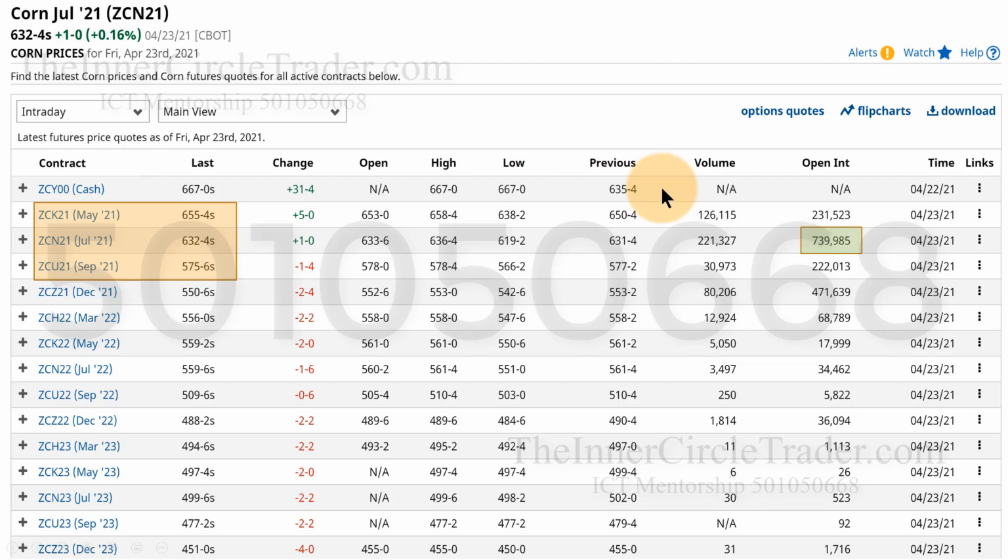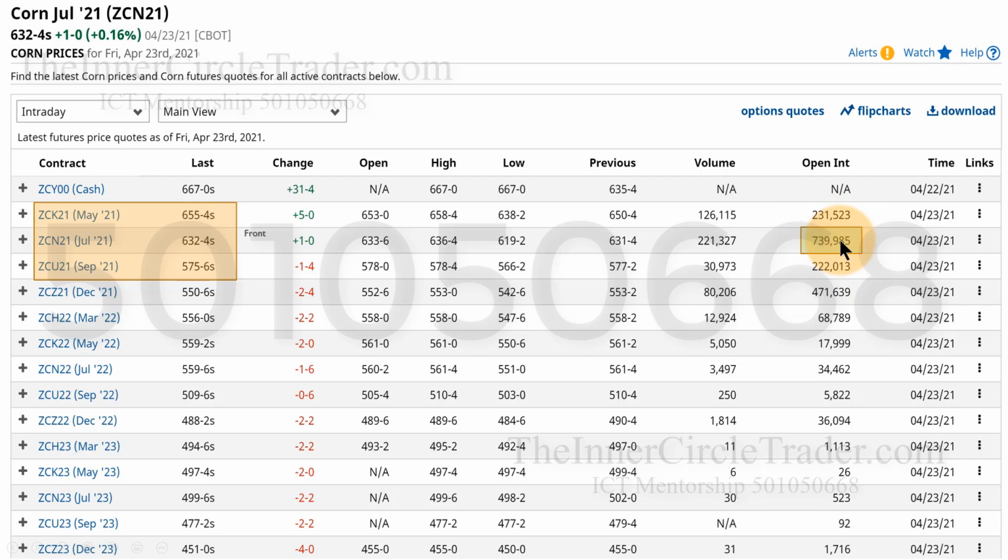Well, you go over to open interest here and notice that for the May contract, it's 231,000, and then July we have 739,000. Then the next month out for September is 221,000. So the most active is here.